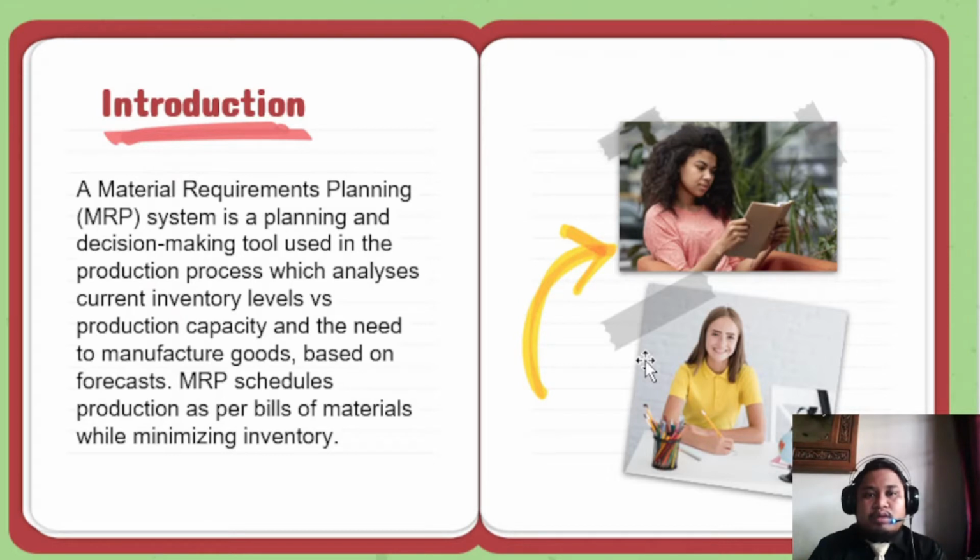So material requirement planning or MRP is a system that is used to plan and to make decisions in the production process, which will analyze our current inventory level versus our production capacity and the needs to manufacture goods based on our forecast and the demands. So MRP will schedule the production as per bills of materials while minimizing our inventory level.